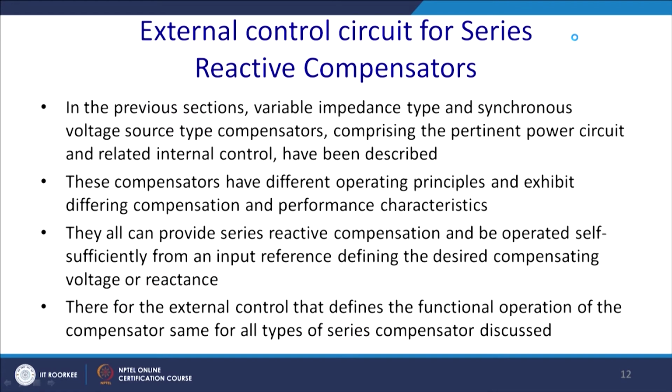So what we can conclude from this control circuit discussion: in the previous sections variable impedance type and synchronous voltage source type compensators have been discussed. Again we shall discuss another impedance type compensator after this class also.